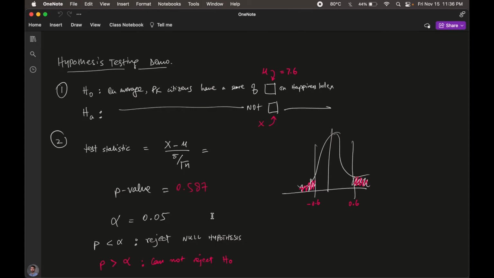If I were to draw 0.05 on this, let me also mark these. What would this area be, and what would this area be? Remember, 0.587 is the sum of both of these, right? So half of it, 0.29 here and 0.29 here, together make 0.58, right?